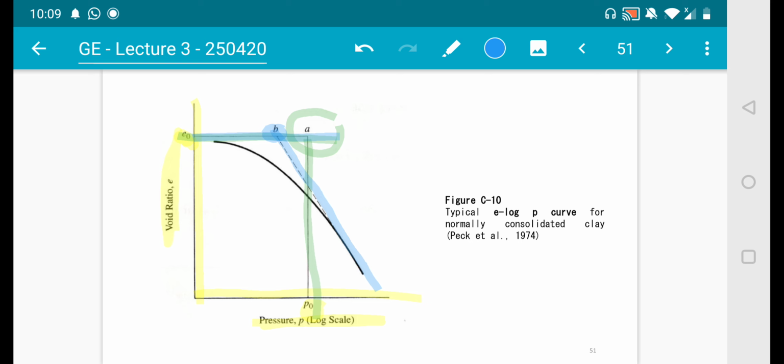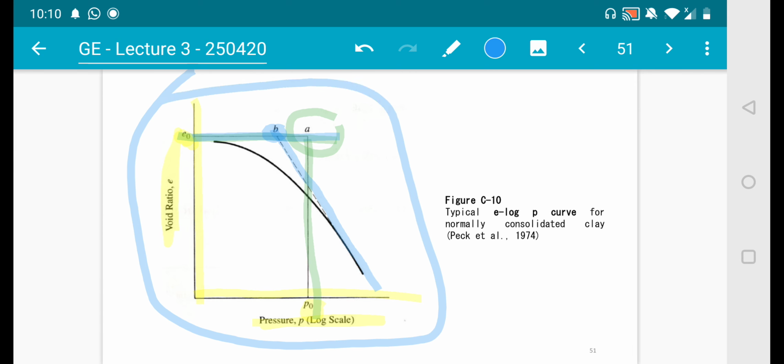If B falls at this side of A, meaning if I'm looking from here, it's falling at the left side of A, my left, then this is when the clay is normally consolidated clay. This is how you determine the first type of clay: when point B is at the left side of A on this chart.